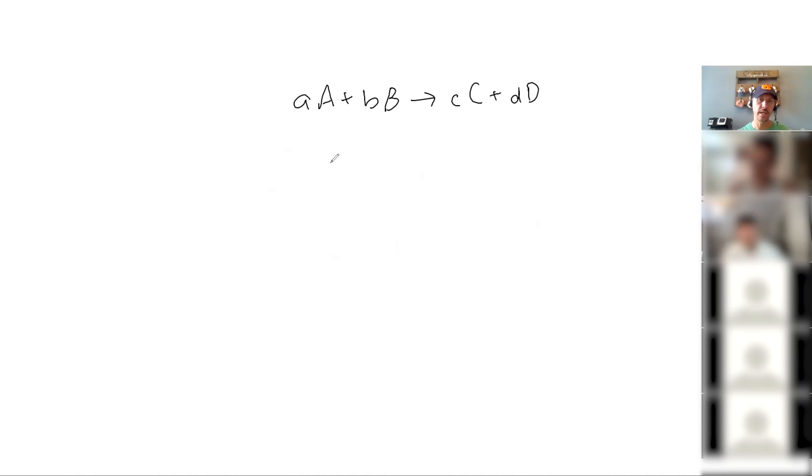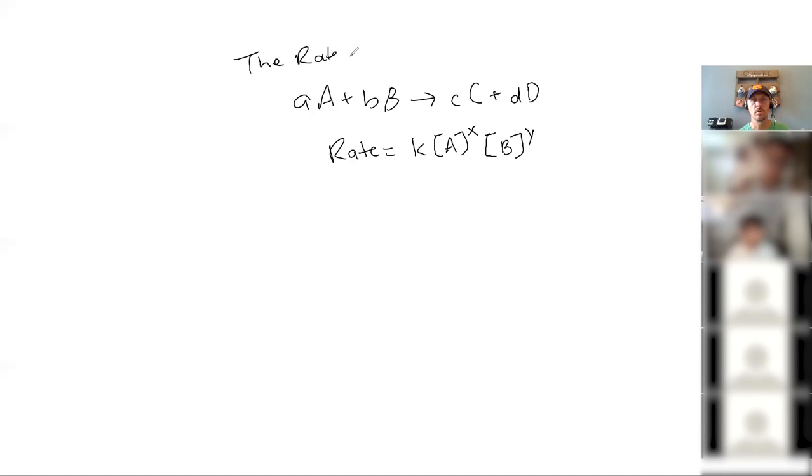We could say that the rate for a particular reaction equals k times the concentration of A raised to the x power times the concentration of B raised to the y power. We call this the rate equation. Notice that when we're using the rate equation, we're only looking at the concentration of the reactants, right?